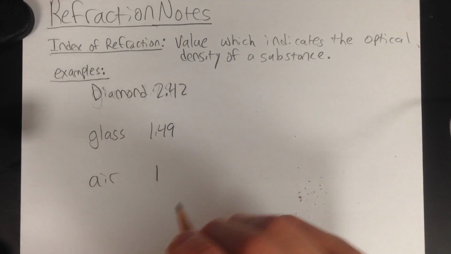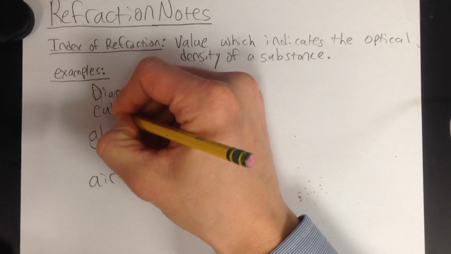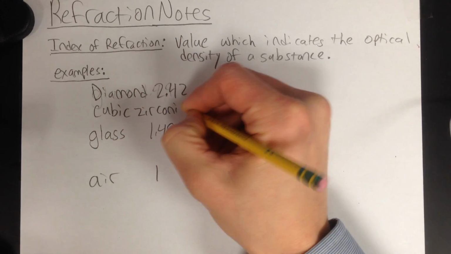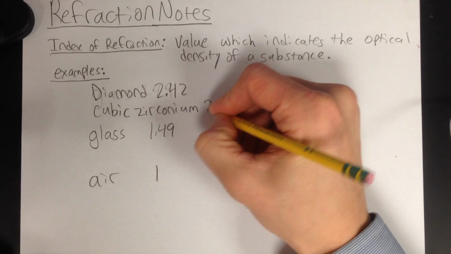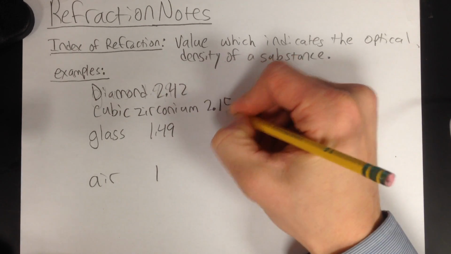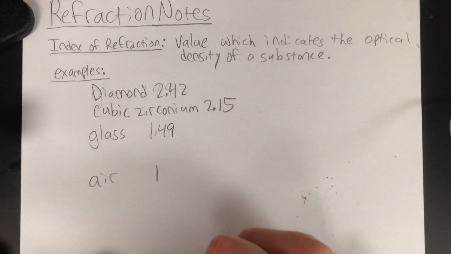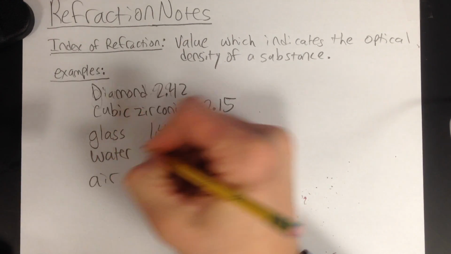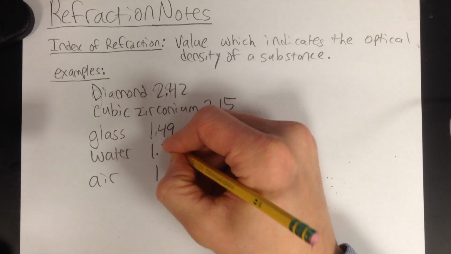You've also got something like diamond, but not quite: cubic zirconium. It's a rock which is used to imitate diamonds. It's a fake diamond. And then you've got water, somewhere between glass and air, about 1.31.